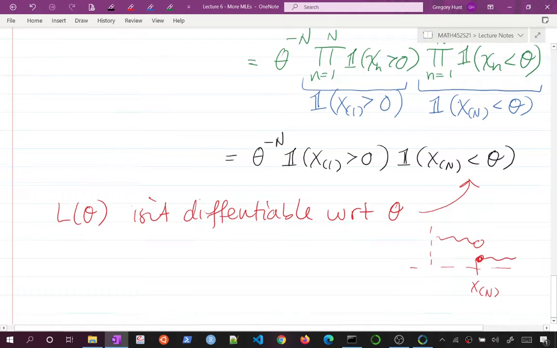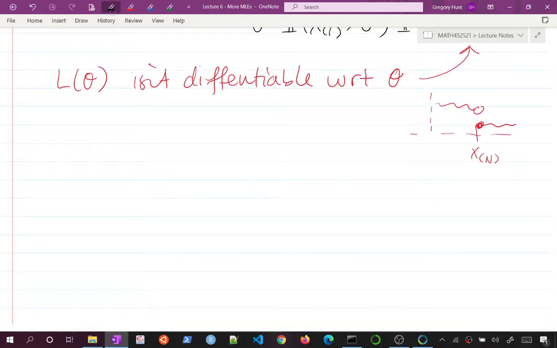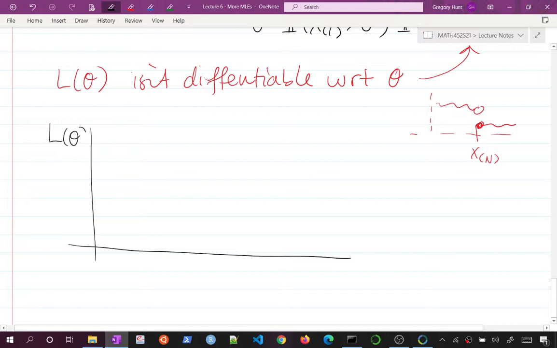And so you didn't have these problems where it potentially is not differentiable at various points. Okay, what do we do? Let's draw a picture of the likelihood function. So let's draw L of theta versus theta. And we already saw that this x sub n, this maximum, is an important point. So let's put that in. The world we're living in is we're imagining we've actually collected some data, and it has some values, 1, 3, 7, 4, 8.